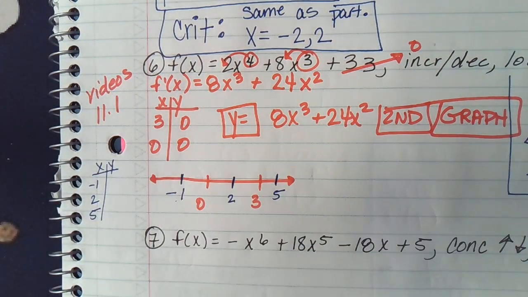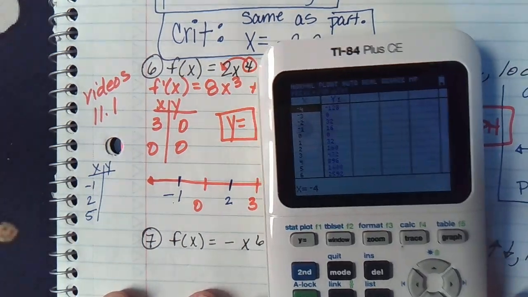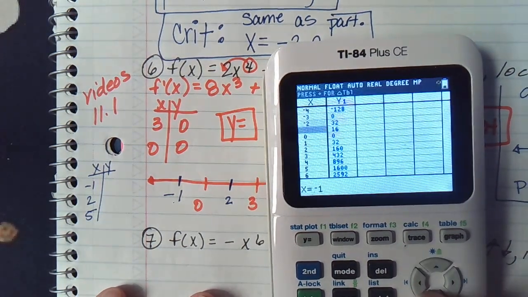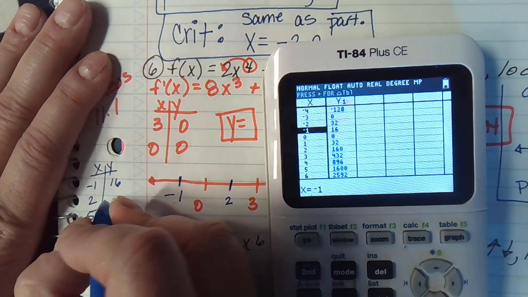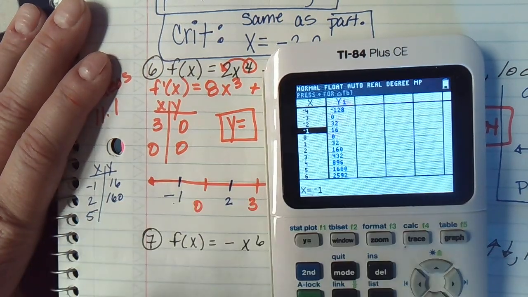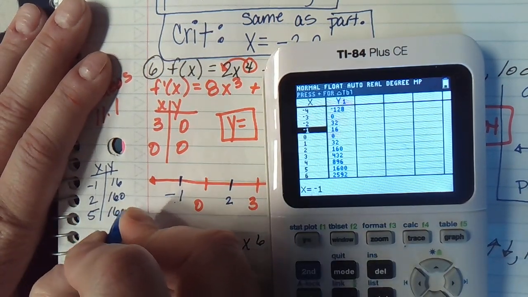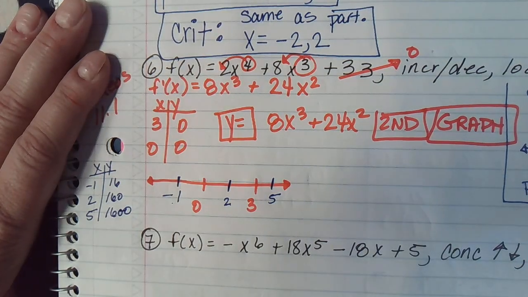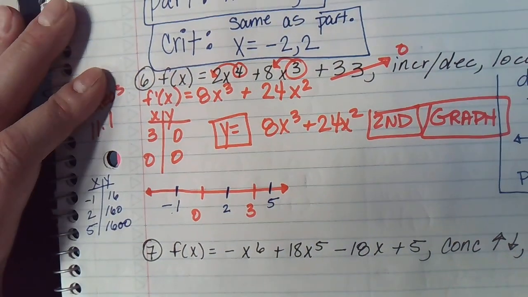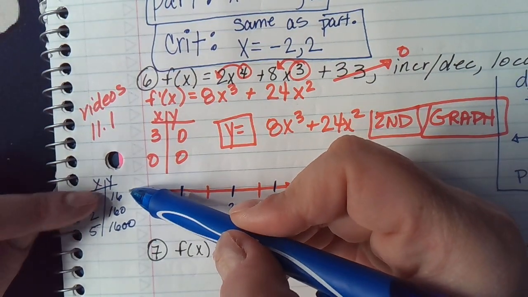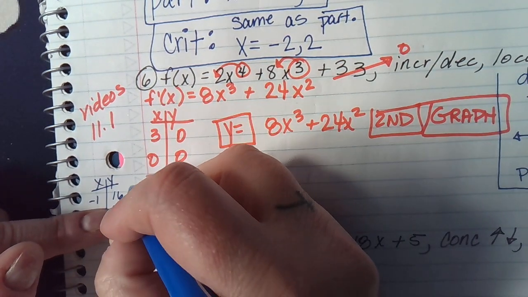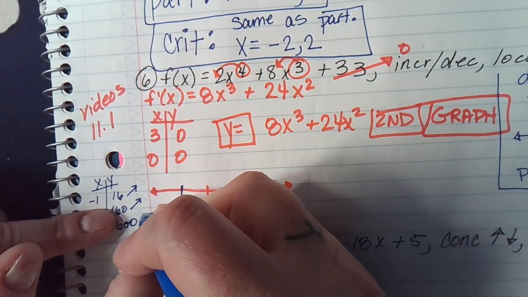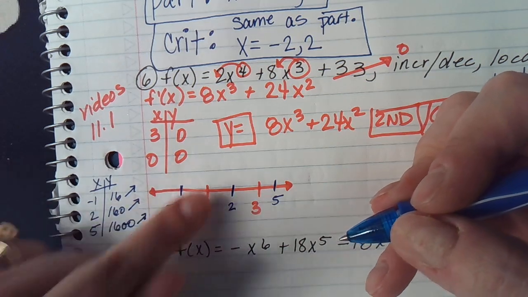Okay, let's go. This is not the right one. Let's go back and look. -1 is a 16, 2 is a 160, 5 is a 1600. Okay, all 3 of these are positive. So that means I'm going to draw an up arrow for all 3 of them on my picture.